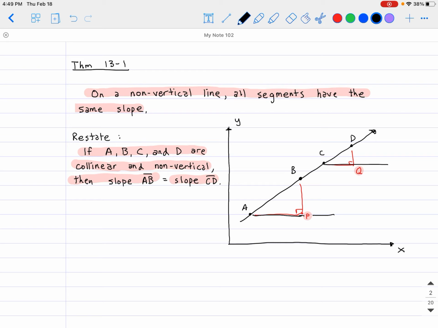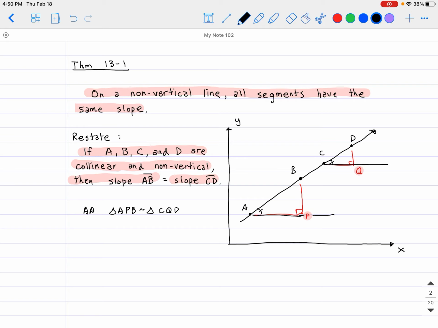And if you have two parallel horizontal lines, then AD is going to be a transversal which cuts them. So this angle C over here would be congruent to this angle A over here. Looking at the two triangles, we have two pairs of angles that are congruent to each other. So by AA similarity, triangle APB is going to be similar to triangle CQD.